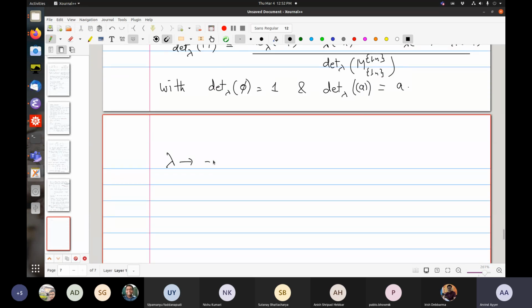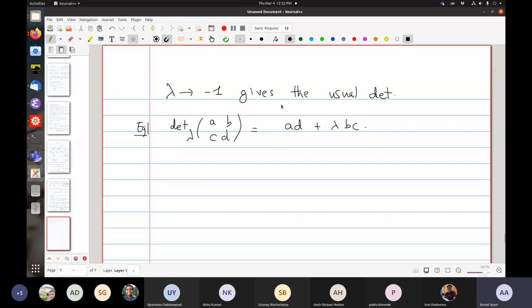Lambda going to -1 gives the usual determinant. And det_lambda of the 2 by 2 matrix (A B; C D) is going to give you AD plus lambda BC. Lambda appears here, divided by 1, of course, because the determinant of the empty matrix is 1.